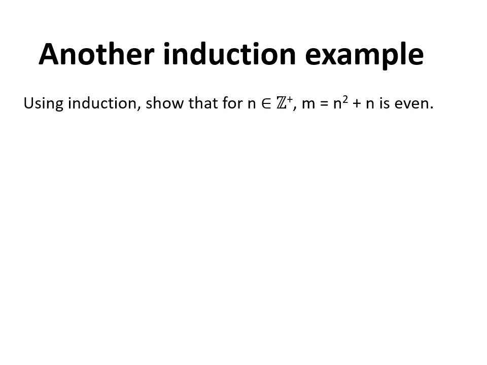Okay, so let's go through the 4 steps. So first, we have to define our predicate P of n, our problem statement.